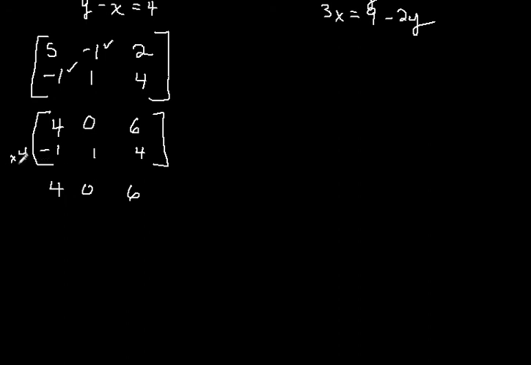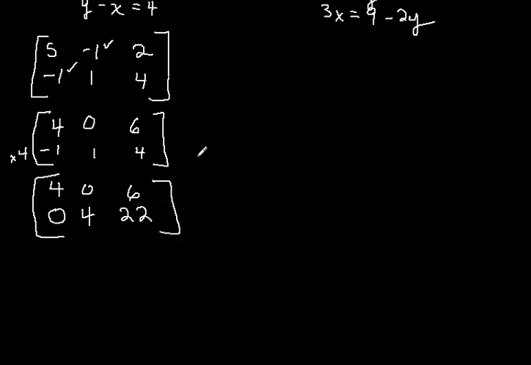Sometimes he does it in 2 steps, sometimes he does it in 1. I could multiply everything here by 4 and then add it together, or I could just kind of do it in my head. 4 times -1 is -4. -4 plus 4 is 0. 4 times 1 is 4. 4 plus 0 is 4. 4 times 4 is 16. 16 plus 6 is 22.